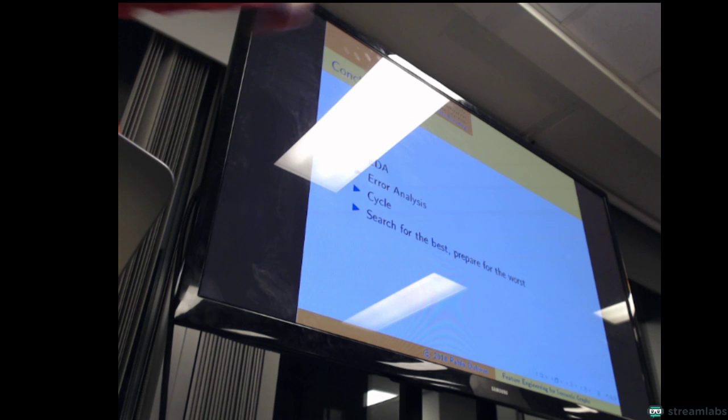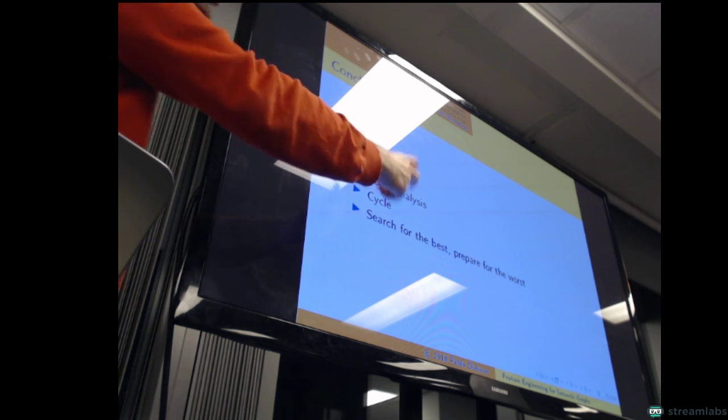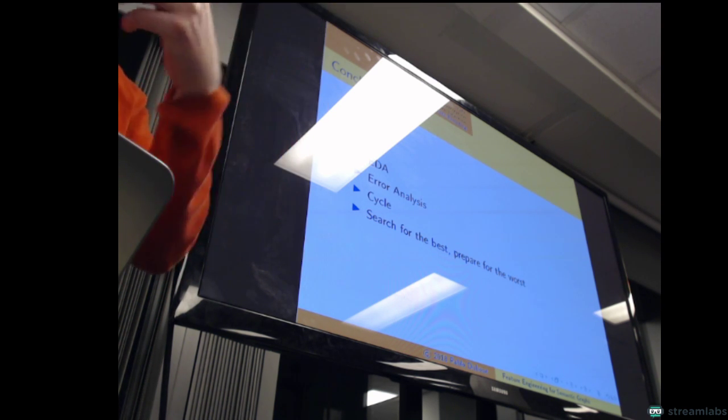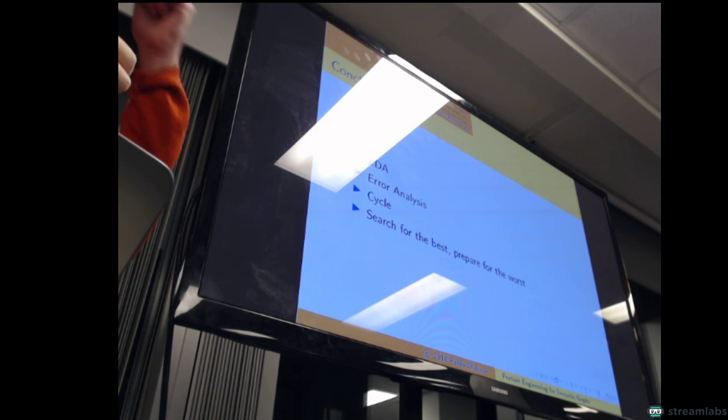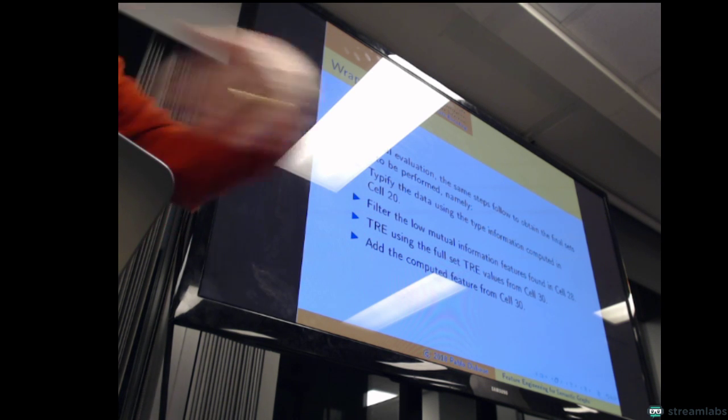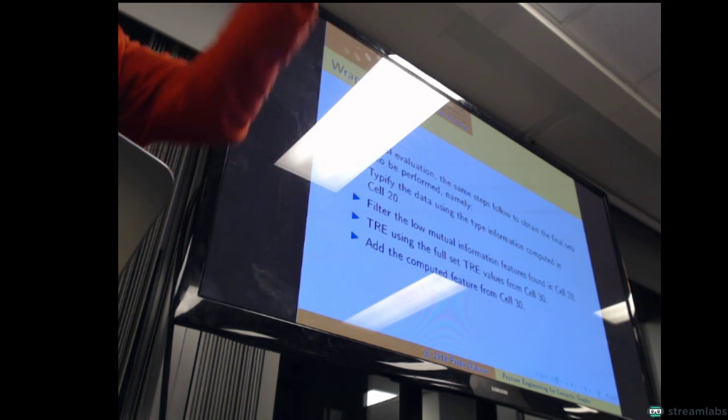Think about it as a matter of cycles, and also you need a lot of bookkeeping while you're doing these cycles. So you remember what process you did and what features you used. I mean, with this type of thing, you're going to be doing a lot of backtracking.